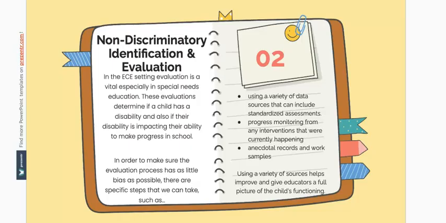In order to make sure the evaluation process has as little bias as possible, there are a few specific steps that we can take, such as using a variety of data sources that include standardized assessments, progress monitoring from any interventions that were currently happening, and anecdotal records and work samples. Using this variety of sources helps give educators a full picture of the child's functioning while in school.